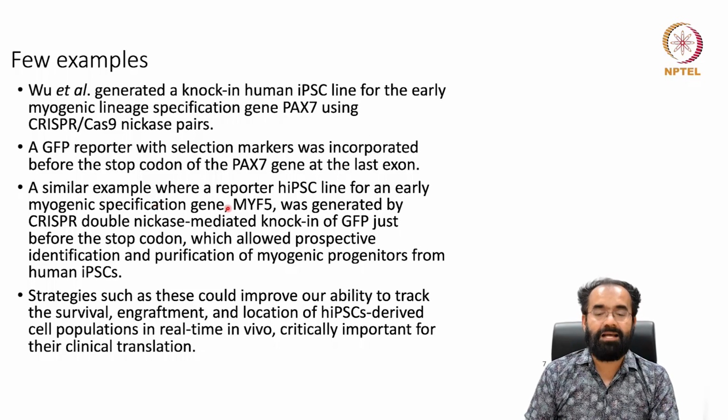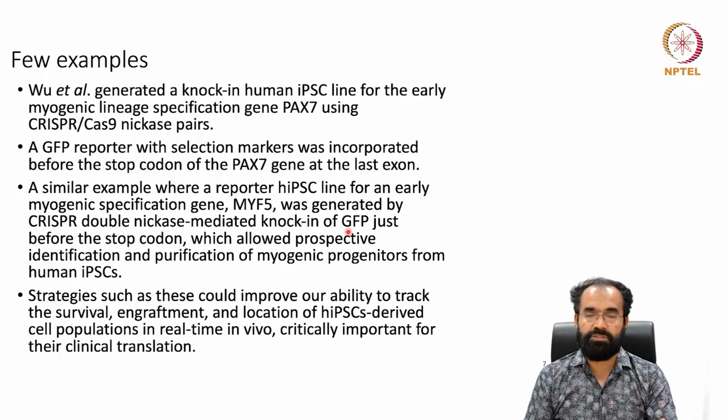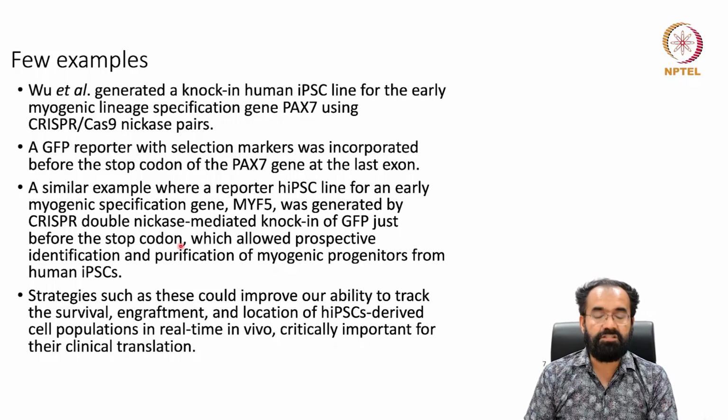A similar reporter line was generated in a human iPSC line, where the early myogenic specification gene MYF5 was targeted by CRISPR double nickase based knock-in of GFP. Putting in a reporter like this, just before the stop codon, is normally referred to as a knock-in line, which allowed the prospective identification and purification of myogenic progenitors from human iPSCs.